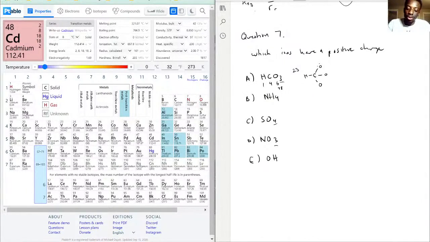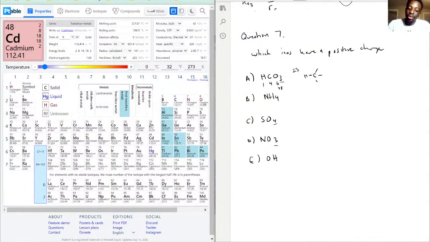So if we count 1, 2, 3, 4, 5, 6, 7, 8, 9, 10, 11, 12, 13, 14, 15, 16, 17, 18, 19, 20, 21, 22, 23, 24, 25, 26. Interesting. Let's make sure. Oh, I see why. I went a bit overboard.